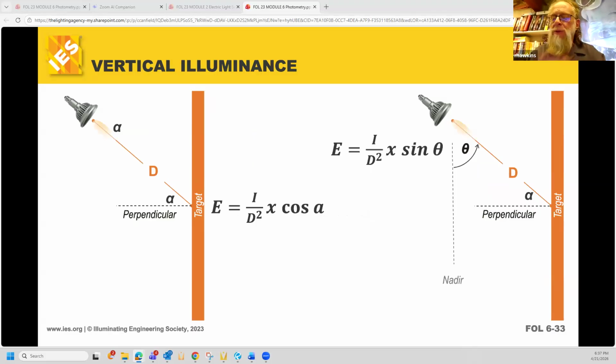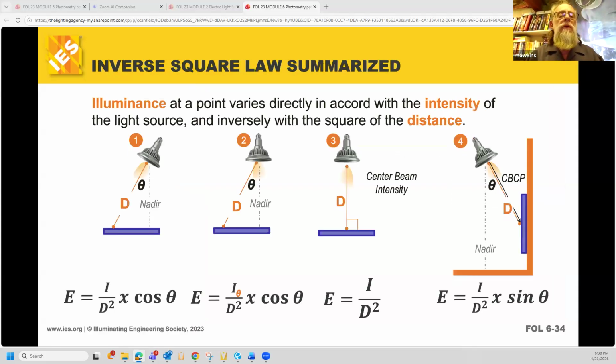They try to take a shortcut by switching you to sine instead of cosine. It's confusing as all get out, and I would not recommend looking at it that way. If you always understand that you have a surface perpendicular to that surface, and then whatever angle you are off of perpendicular is your incident angle, and that then applies back to that whole I over D squared cosine sort of deal.